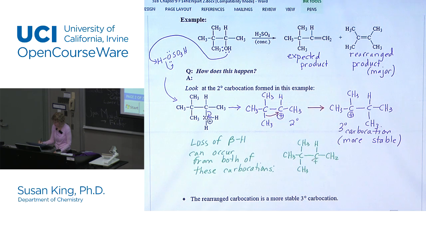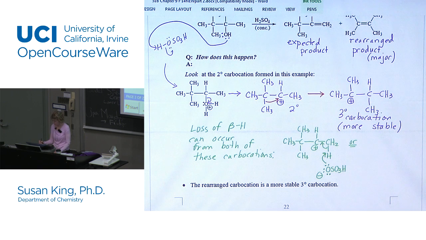And this is the product that is the expected product. And so we're going to have the conjugate base of sulfuric acid come in and deprotonate, remove that beta hydrogen, and then form a new alkene. Okay, so that can happen. And that actually leads to the expected product.